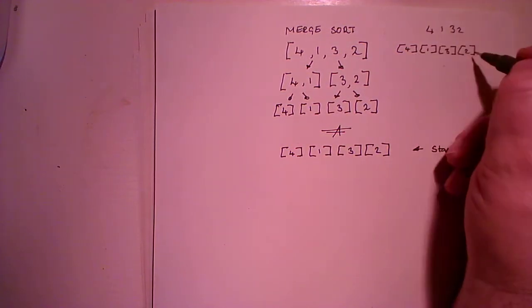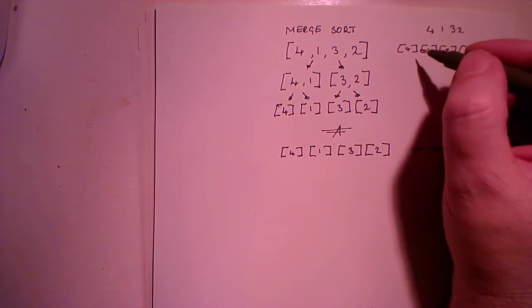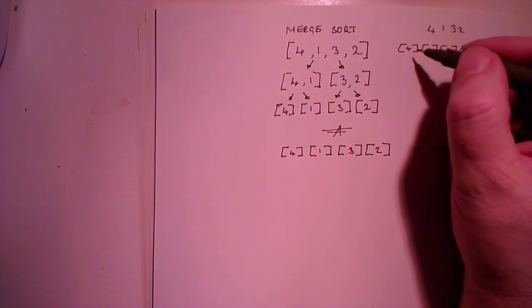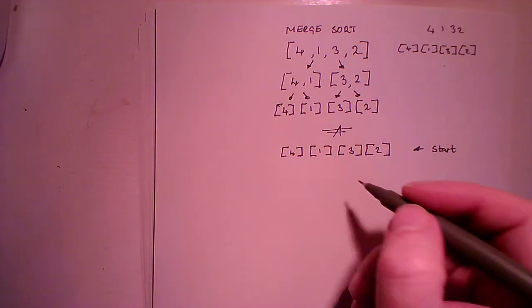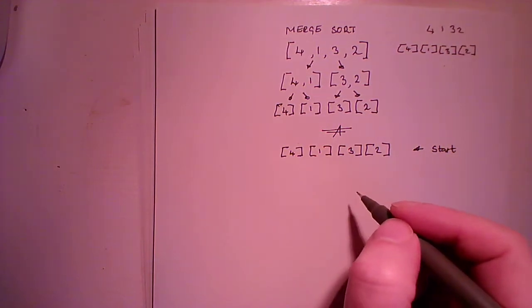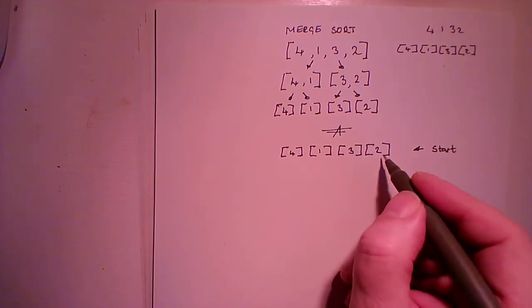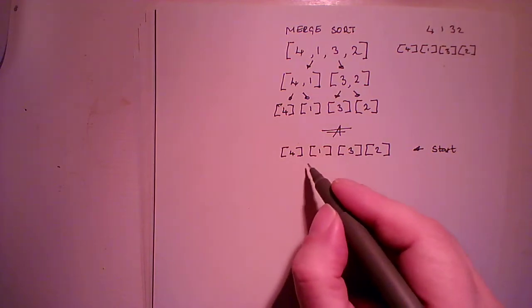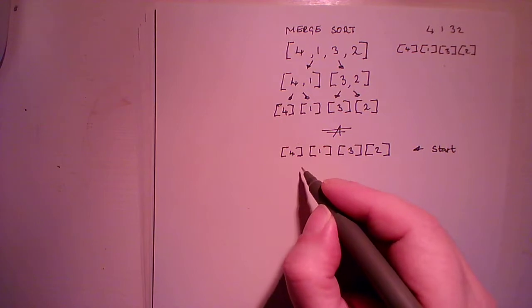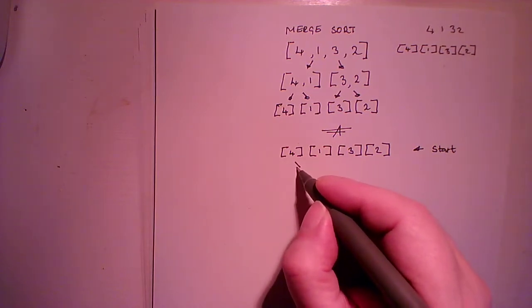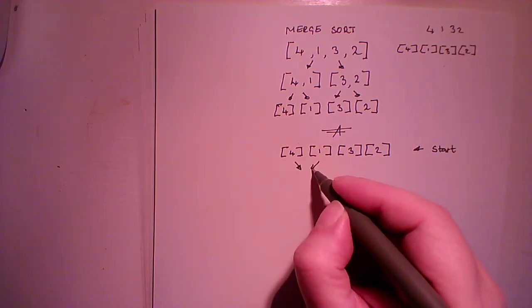You just need to produce single element lists for each one. And the way the merge sort works is we merge these two together. Starting from the left, we're going to merge these two, and it's useful to show the arrows.